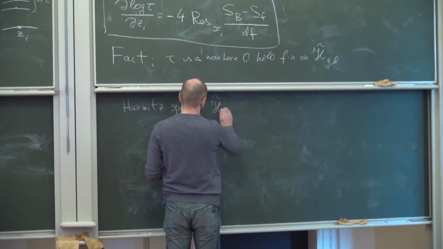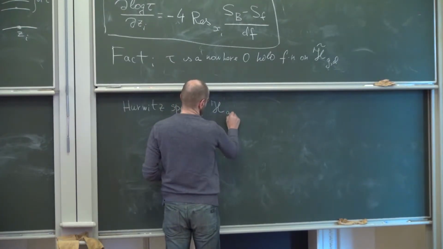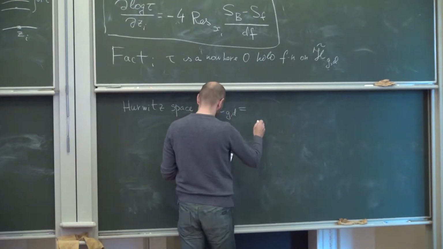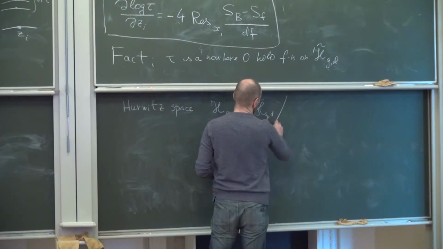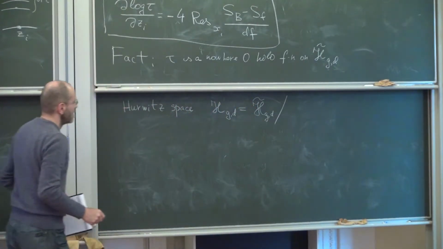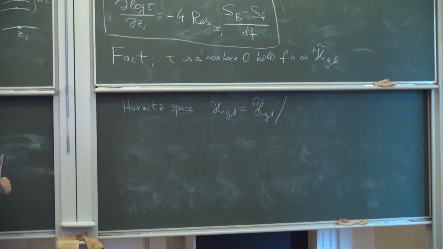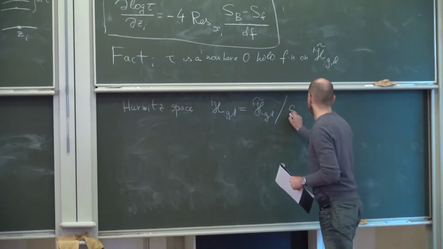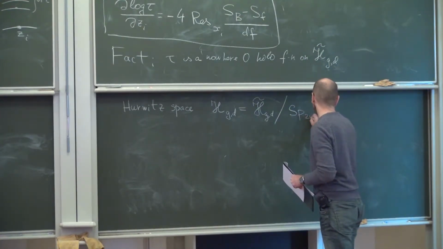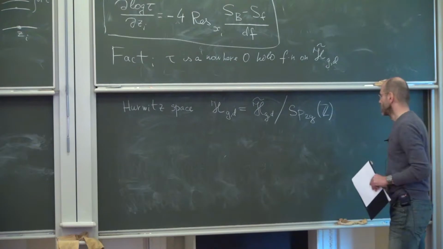So we take, let's denote it by H without tilde, GD, and this is H tilde GD factorized by a natural group that acts on the space H tilde. The first of these two groups is the symplectic group, the group of integer symplectic matrices of size 2G by 2G.